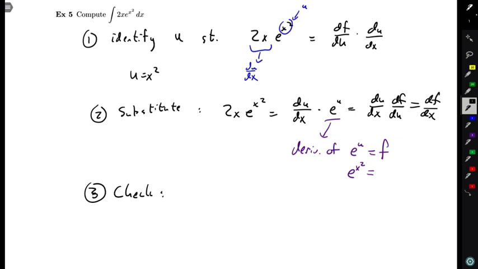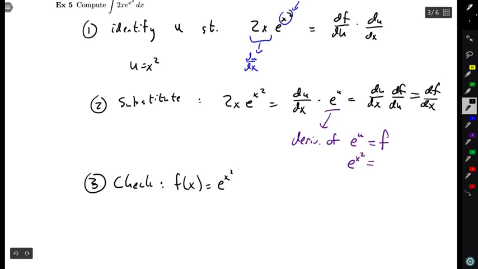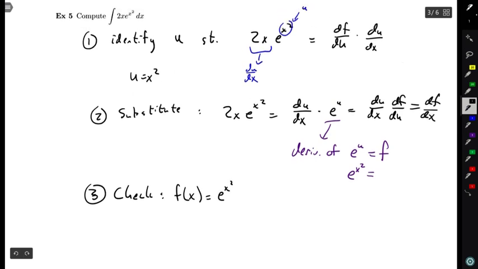So here we have our function f of x equals e to the x squared. And in order to see if this is an antiderivative, we're going to take its derivative. So f prime of x here, again I have a chain rule, the inside function being x squared, the outside function being e to the stuff. We know that the derivative of e to the stuff is e to the stuff.